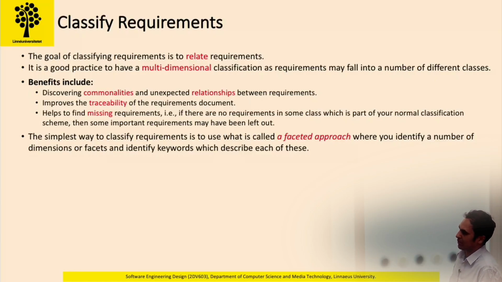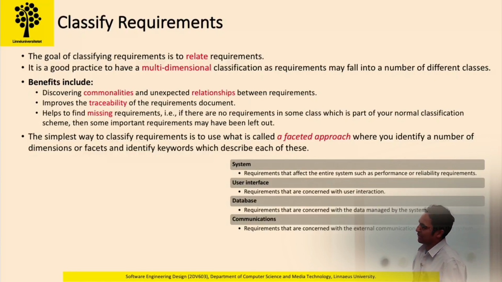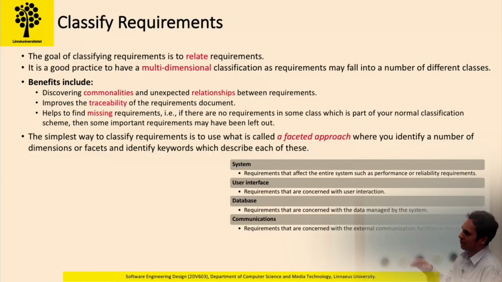In the faceted approach, you predefine a set of classification groups, and you take each of your requirements and decide, based on your experience or judgment, which group it will go to. For example, you might have system requirements, user interface requirements, database requirements, and communication. So you have these 4 groups and a set of 10 requirements, and you take each of those 10 requirements and put it in one of these groups.